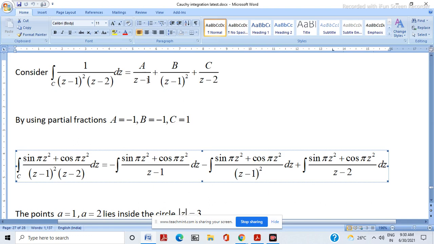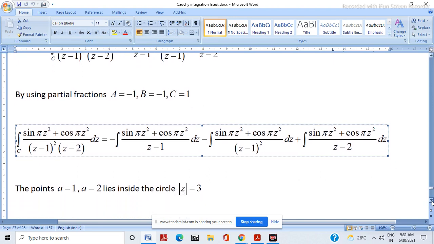Then a by (z minus 1), that means minus 1 by (z minus 1) into f of z dz, that is our first integral. Second integral is b by (z minus 1) all square, that means minus 1 by (z minus 1) all square f of z dz. Plus c by (z minus 2), that means integral of 1 by (z minus 2) into sin pi z square plus cos pi z square dz.